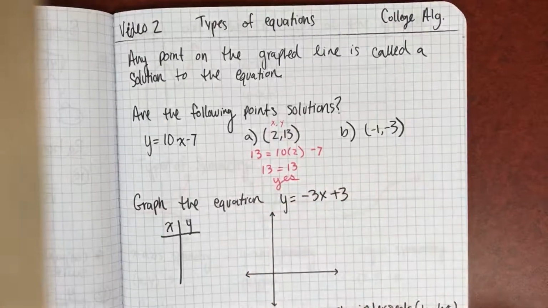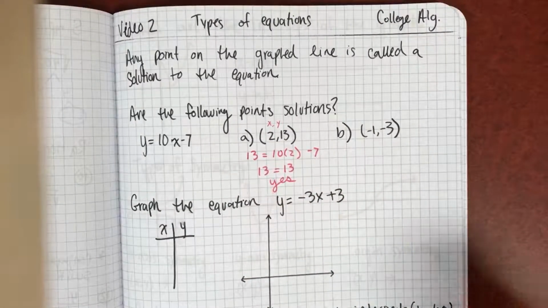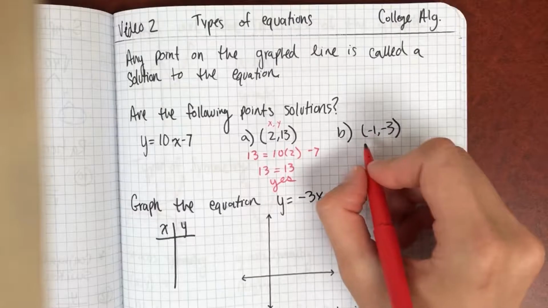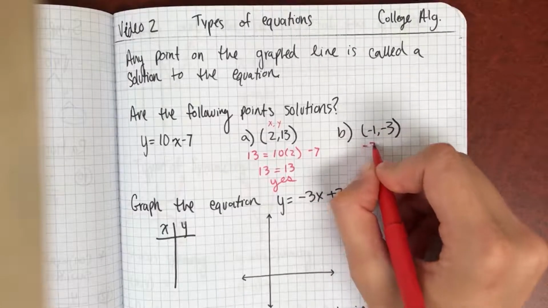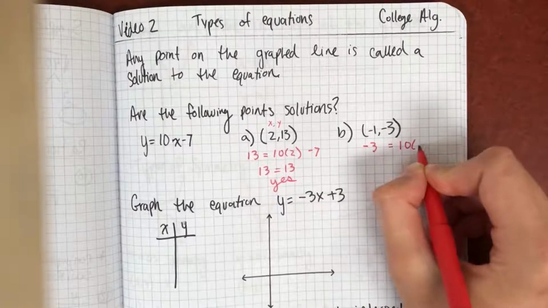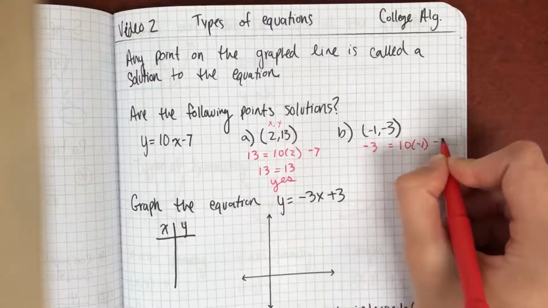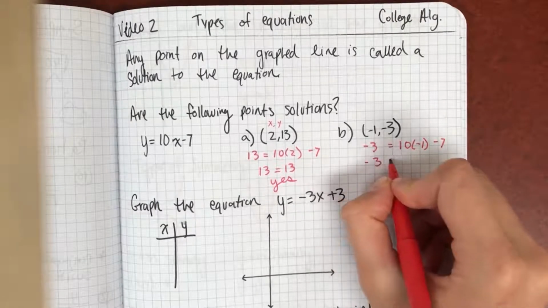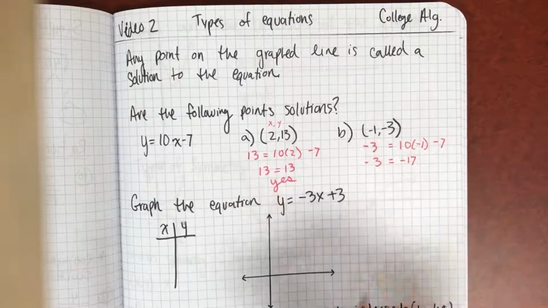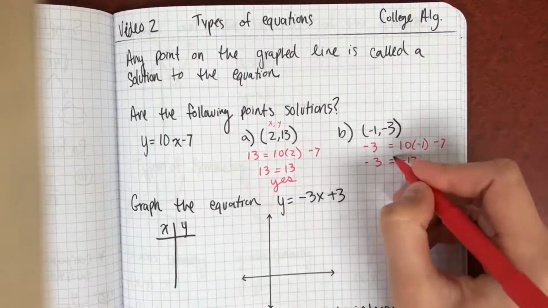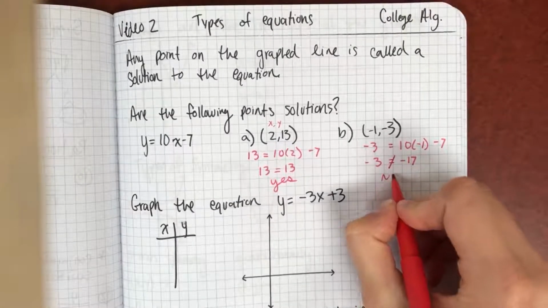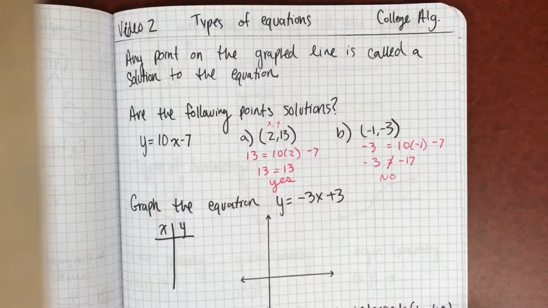So yes, that is a solution. Our next one, -1, -3. So we'd have -3 equals 10 times -1 minus 7. That would give us -3 equals -17, which is not true. So this is not a solution, no.